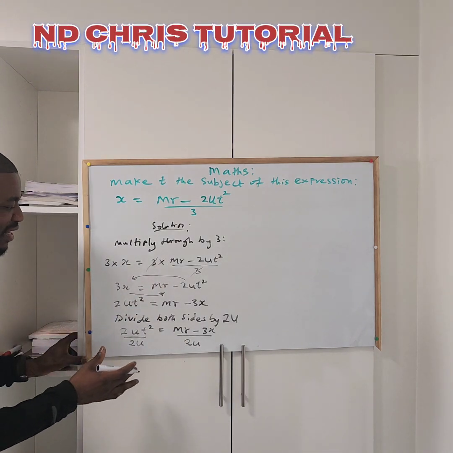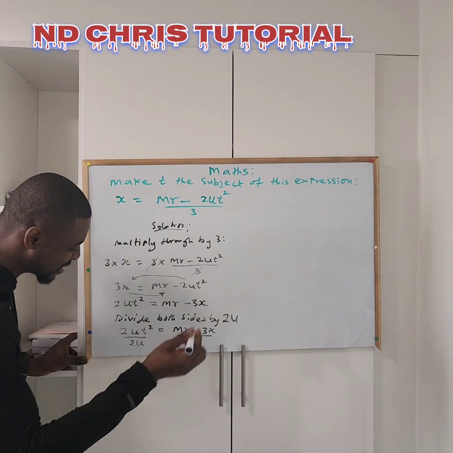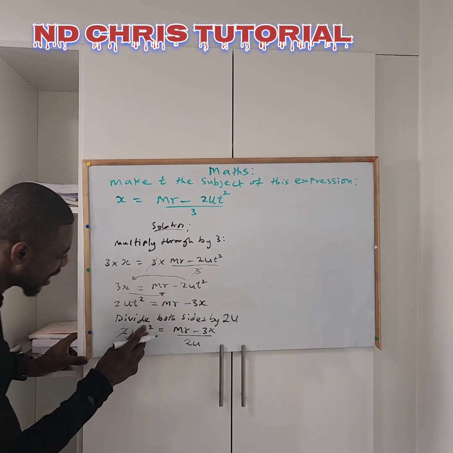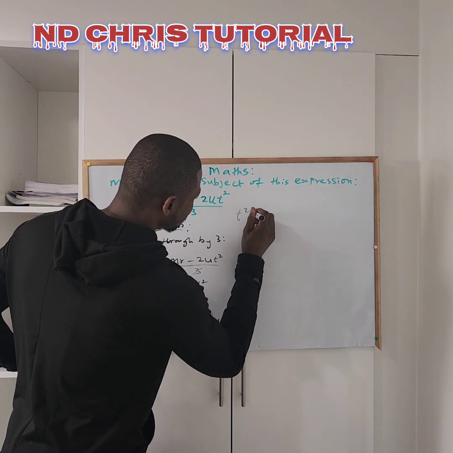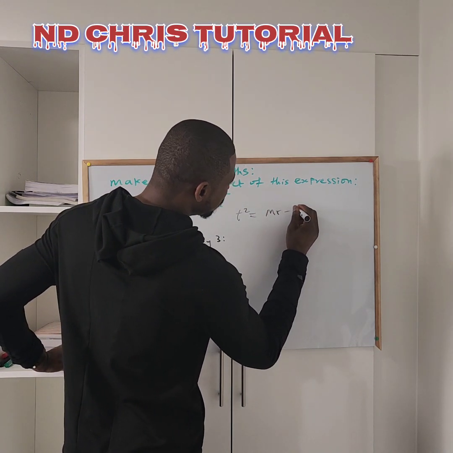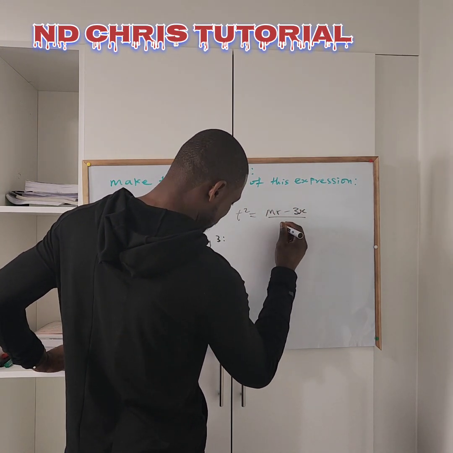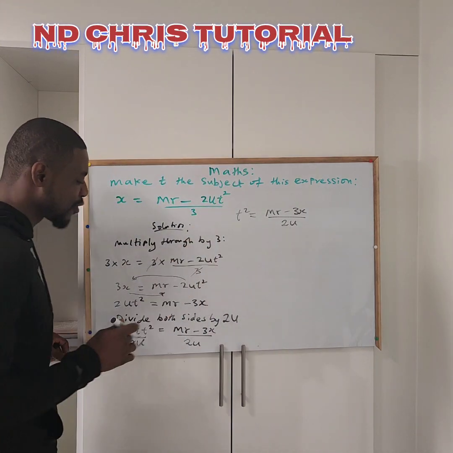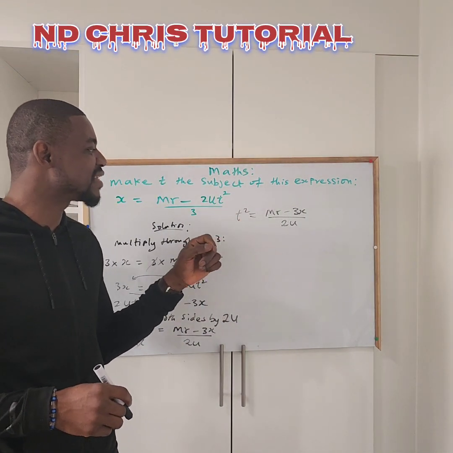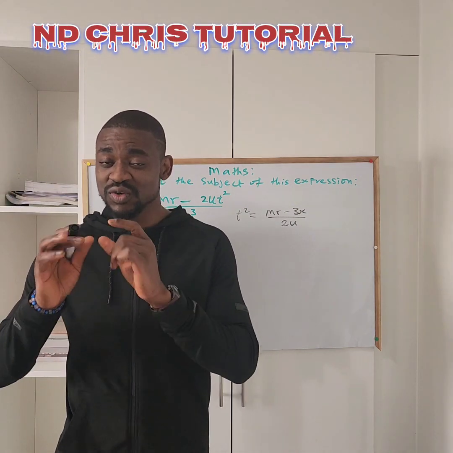In mathematics, whatever you do to the left hand side, you must do it to the right hand side. So this u cancels and then this cancels. We have t squared standing alone now equals mr minus 3x all over 2u. Remember what I told us before? To make t the subject of the formula means that its coefficient must be 1.